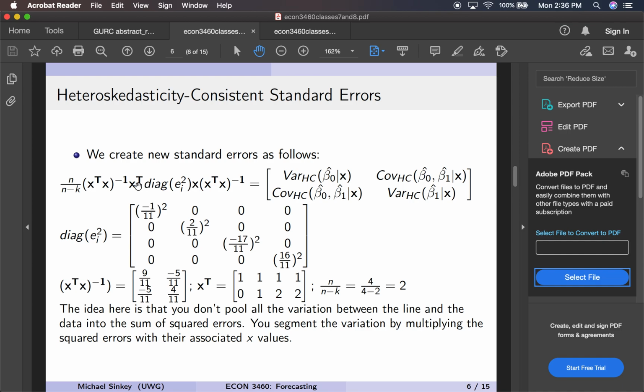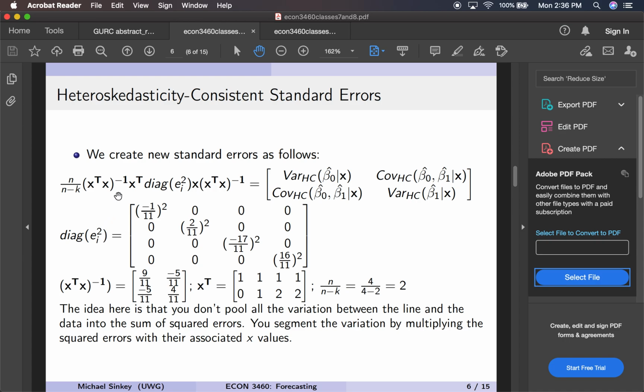What we do instead is essentially we regress the x's on the errors here. Okay, and that's what's going on here. So this is like a regression of x on the error term. So it uncovers the relationship, and then we go ahead and we estimate the standard errors afterwards.